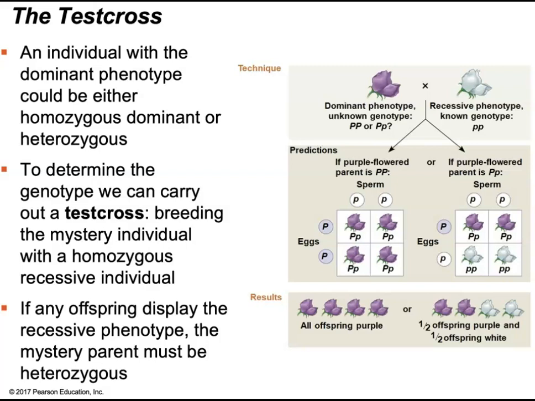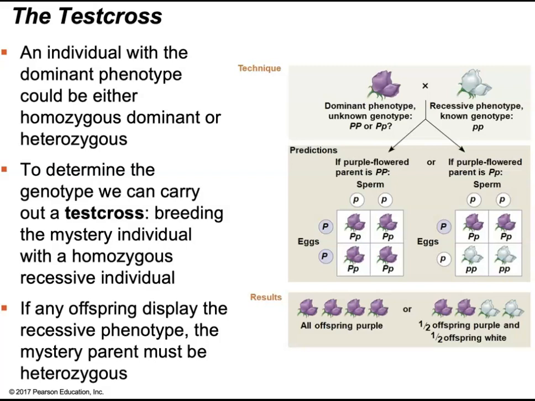Let's take a look to see how. We have two possible outcomes here. Either the purple parent is homozygous dominant, big P, big P, or it is heterozygous, big P, little p. The Punnett square on the left shows if the parent is homozygous dominant.